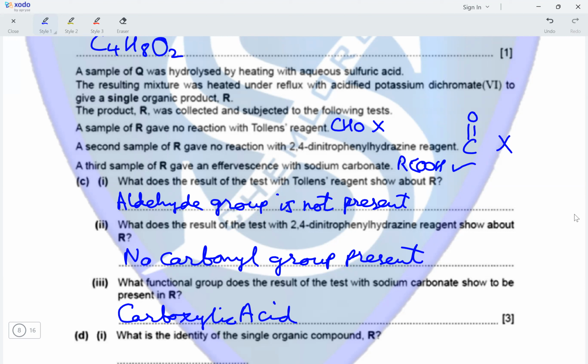What is the identity of the single organic compound R? So, single organic compound R would be a carboxylic acid.